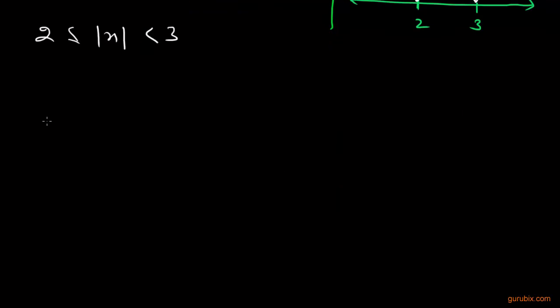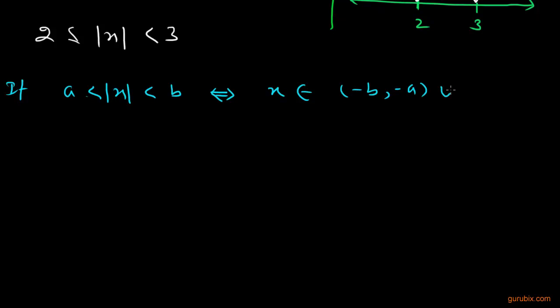And in this condition we shall apply a formula, and that is, if mod x is greater than a but less than b, then it is if and only if x belongs to negative b to negative a union the interval of a and b.